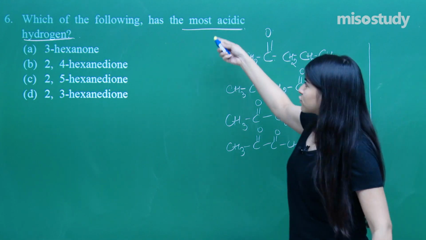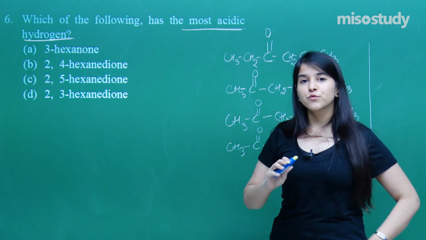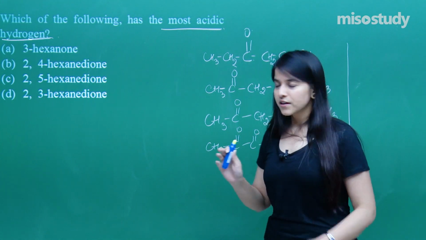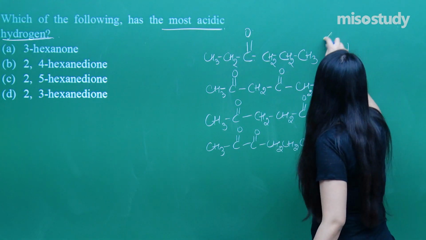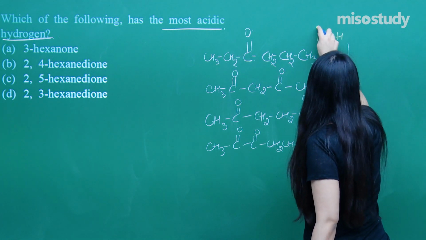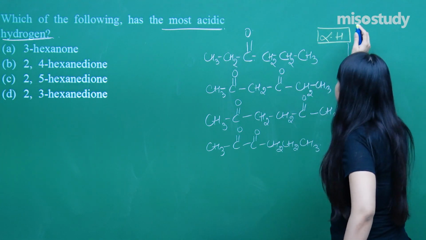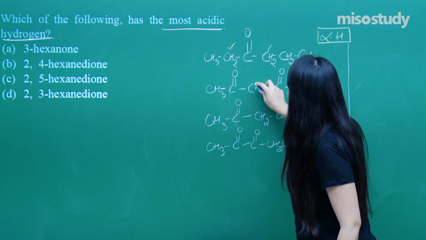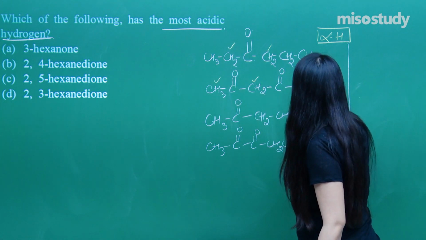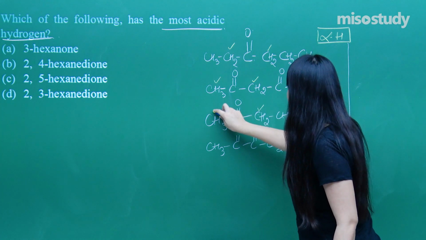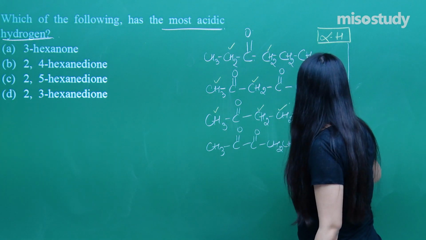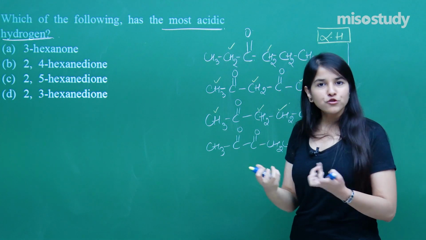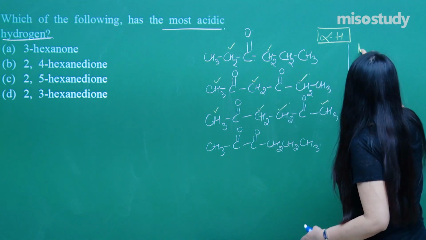So we need to find out the most acidic hydrogen. I need to first find the alpha hydrogens, which are attached onto the alpha carbon. So where are the alpha carbons? The most acidic would be the one which is attached to the most, that is more, electron withdrawing groups.